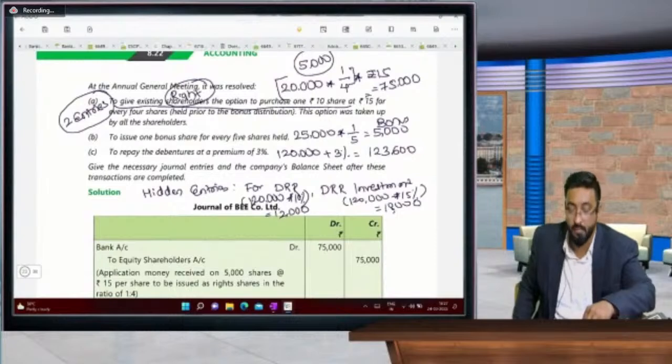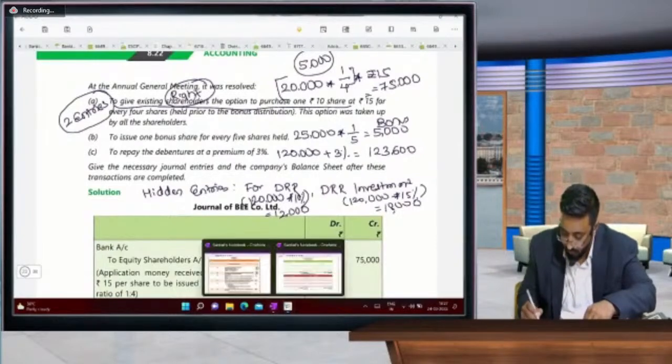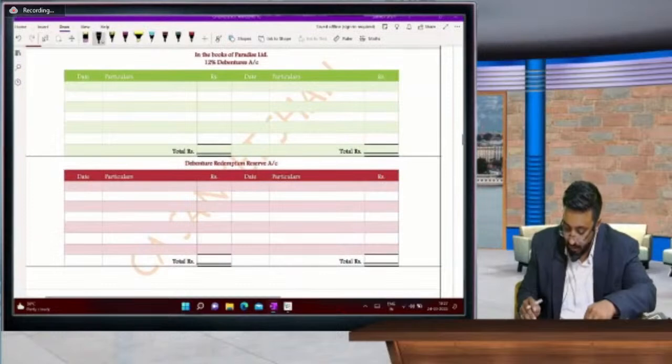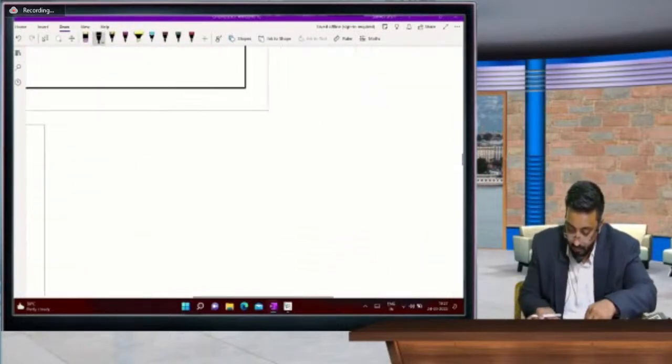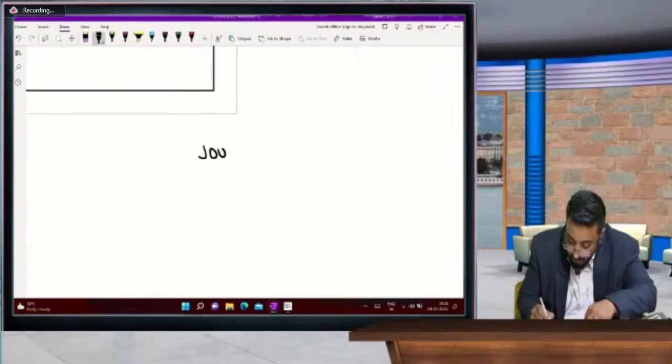See beta, journal entries pro forma, write down. Journal entries, books of B Limited.